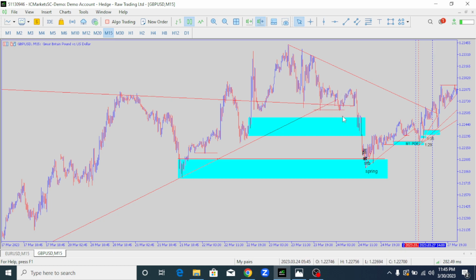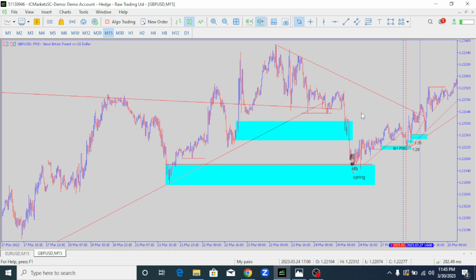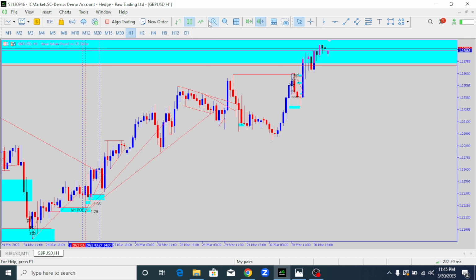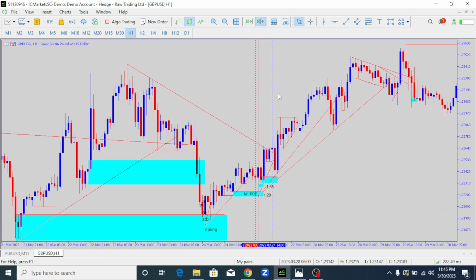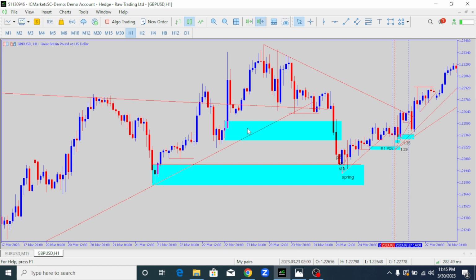People who are trading double tops or double bottoms, they were buying at this point. So I knew I had to buy below. So I had this, it's a 1 hour point of interest, and the second one below.